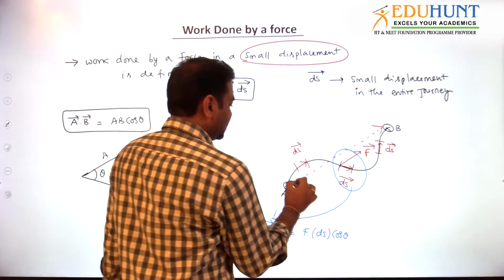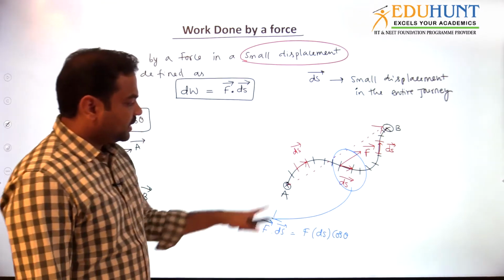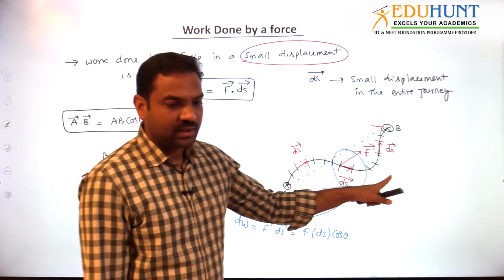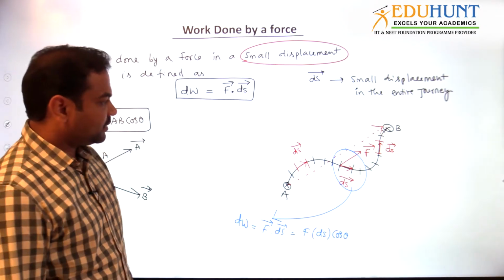Once you know the work done in a small interval, you can go for total work done. If I make the entire journey into small parts, the total work done is dW1 plus dW2 plus dW3 and so on up to dWn. That will give the total work done.